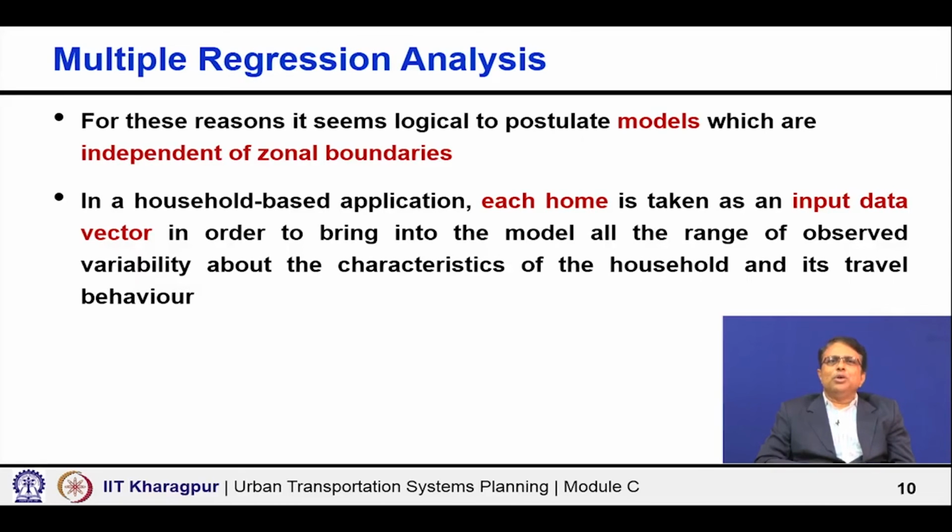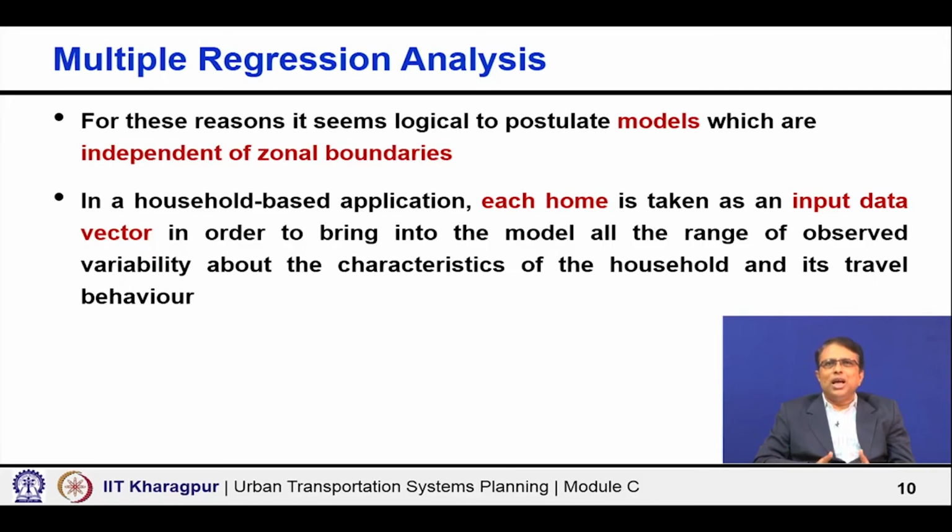So, in a household based application, each home is taken as an input data vector in order to bring into the model all the range of observed variability about the characteristics of the household and its travel behavior. So you take all possible characteristics, income, household size, car ownership and further additional variables, and then try to explain how the household trip making is happening.